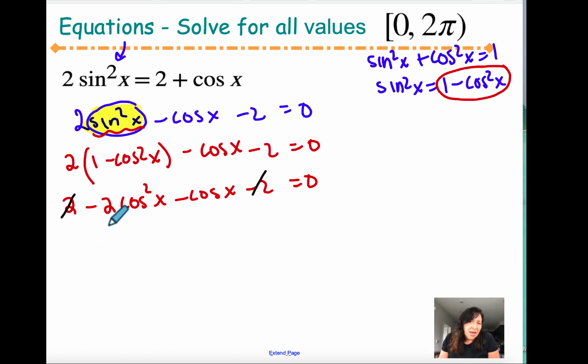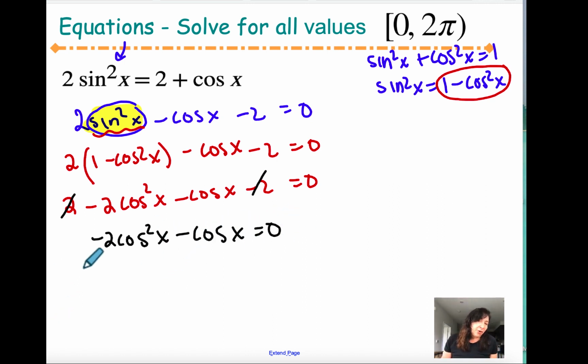I love that. I also can factor, but now I don't have a trinomial. I have a binomial, which means that just having negative 2 cosine squared of x minus cosine of x equals 0, I can just factor out a cosine. I'm going to factor out a negative cosine.